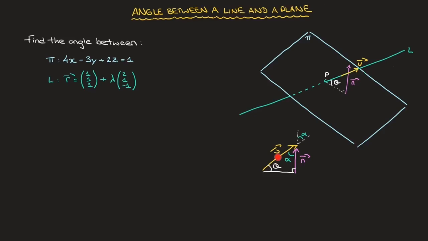Remember, we can calculate the angle alpha between two vectors u and n using the following formula. Cosine of alpha is equal to the absolute value of u dot n over the product of the two vectors' magnitudes. So that's the magnitude of u times the magnitude of n.